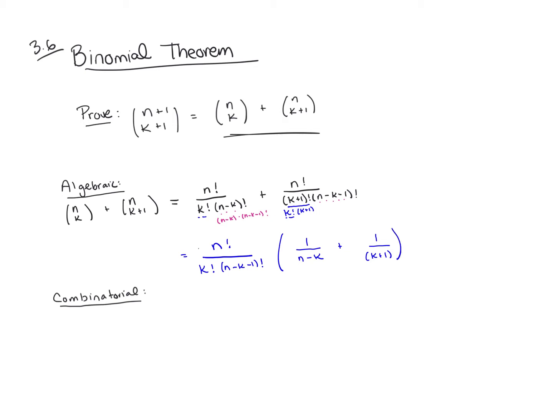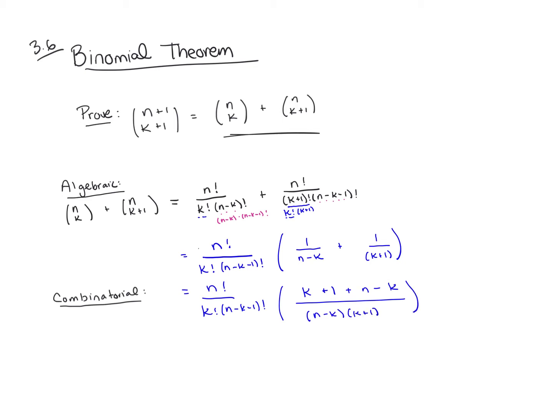So if we simplify this fraction down, we're going to get n factorial over k factorial times n minus k minus 1 factorial, times, I'll get a common denominator here, k plus 1 plus n minus k. And then my common denominator will be n minus k times k plus 1.